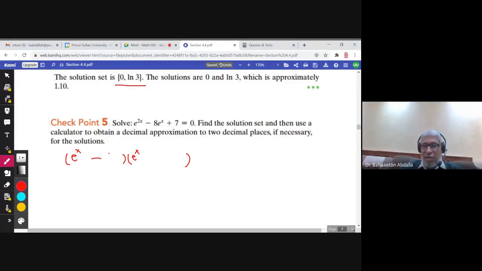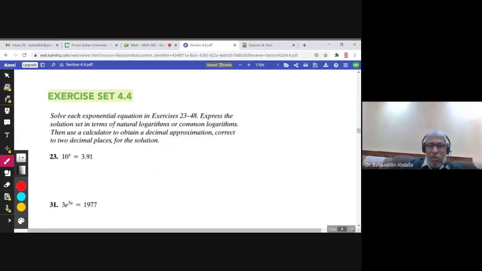So this is minus 7 and minus 1. Now you will have either e to the power x equals 7 or e to the power x equals 1. You apply ln to both sides, so you get x equals ln 7 or x equals ln 1, which is 0. So there are two solutions.